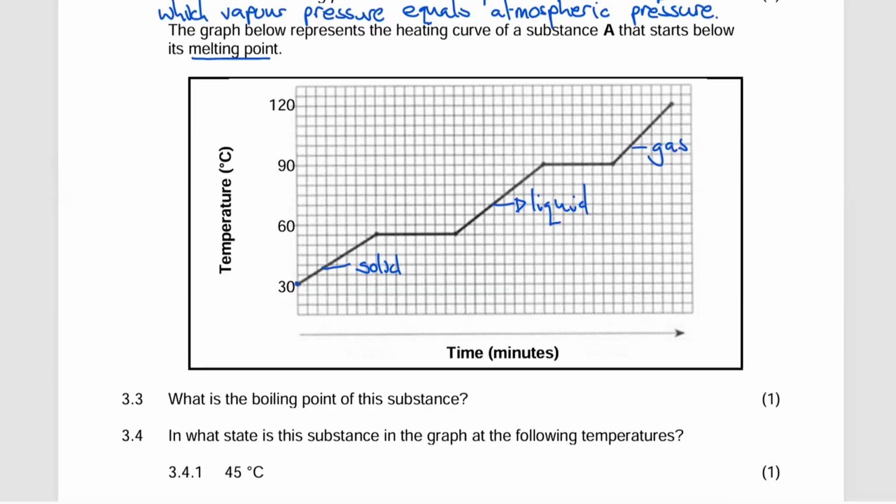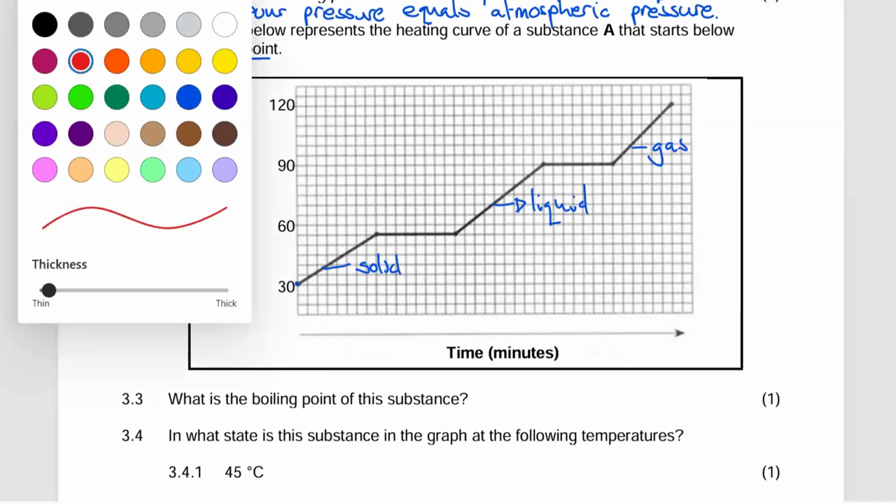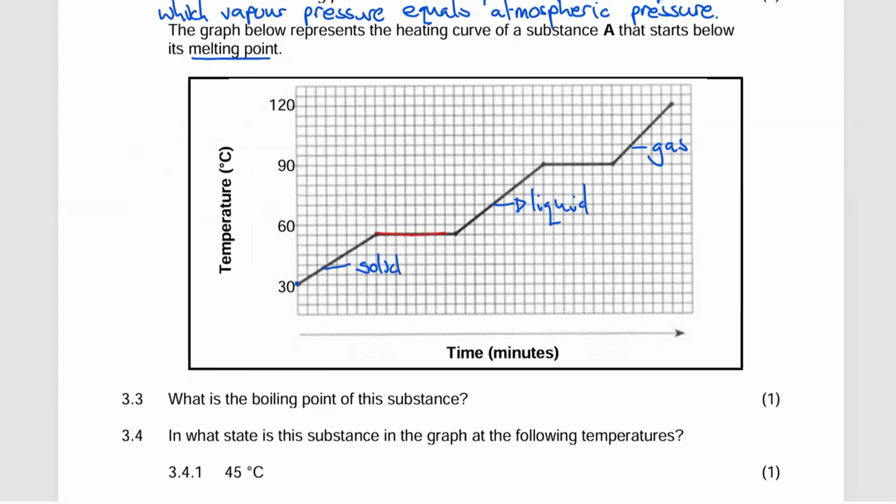Take note of these lines where there is more motion, and also of these parts that are flat. Here the temperature is constant. The reason is that the energy absorbed is used to overcome the intermolecular forces or the bonds within the particles. Then after that the particles gain kinetic energy, as you can see there.